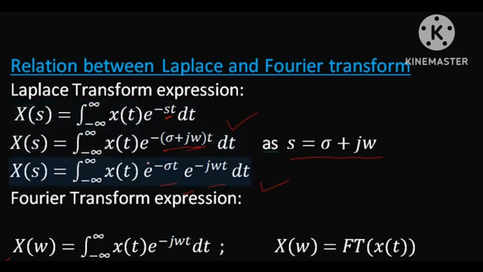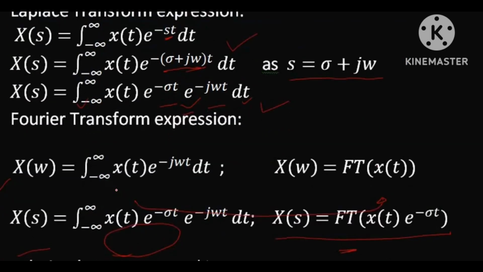Then we found that this part, e raised to minus j omega t dt, is similar to the Fourier transform. So we have compared these two equations and we have written X(s) as Fourier transform of x(t) e raised to minus sigma t.